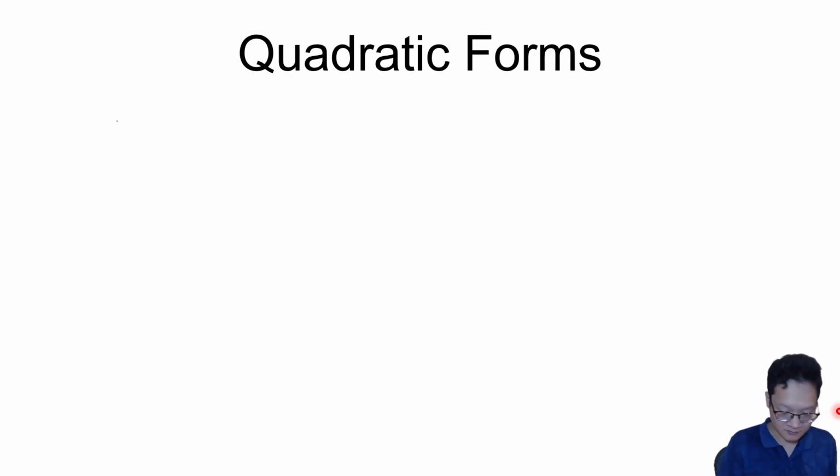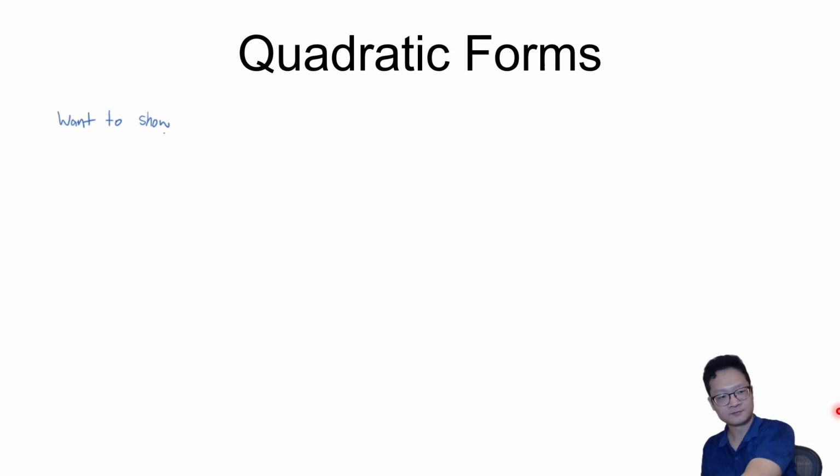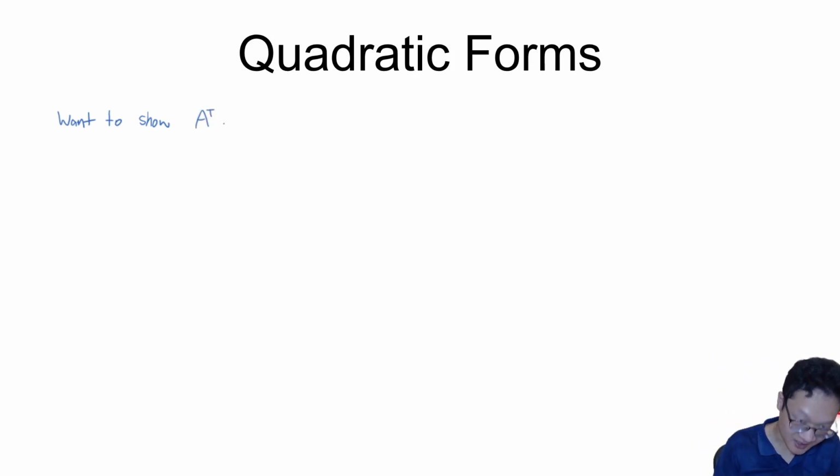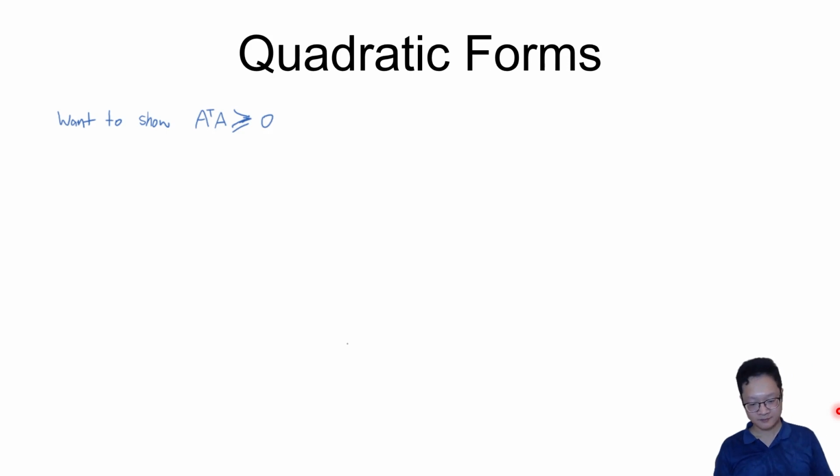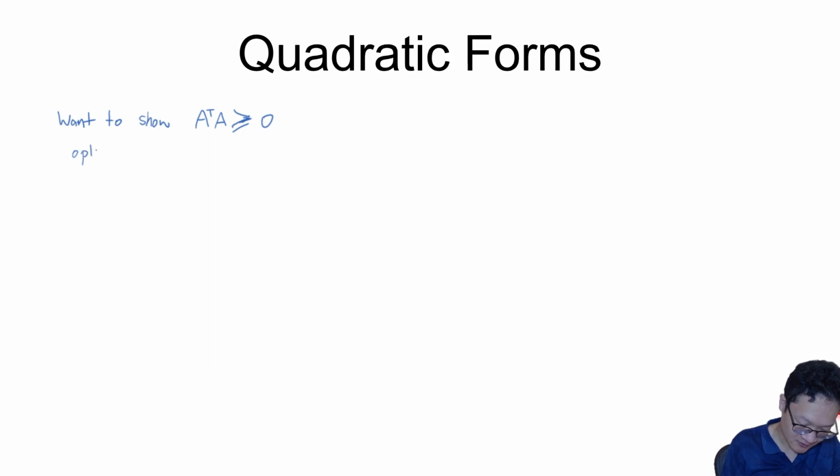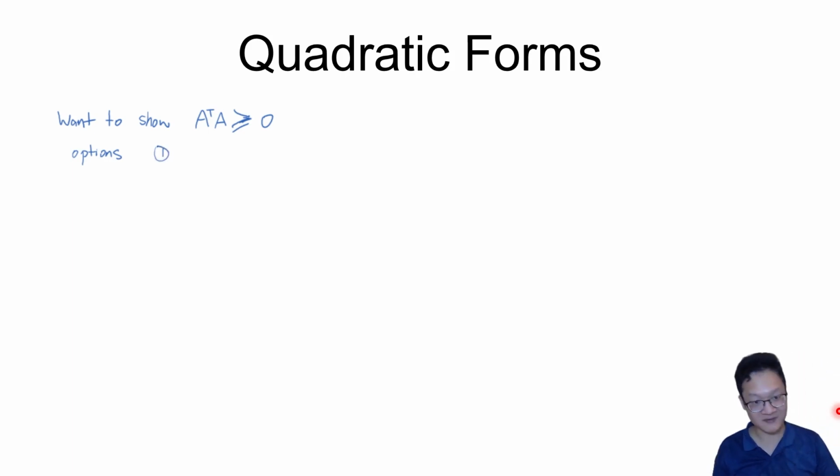Okay, so we want to show A transpose A is positive semi-definite. So remember, we have two options because we have seen two different definitions of positive semi-definiteness.